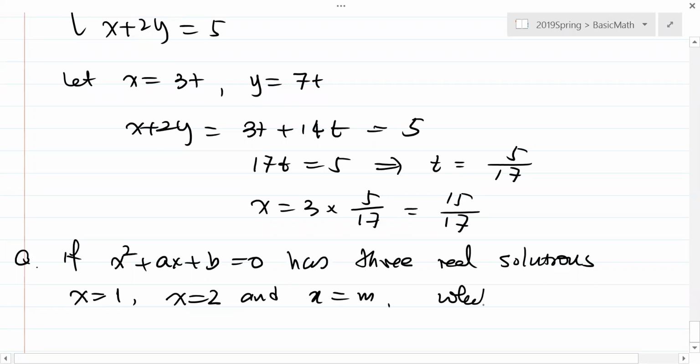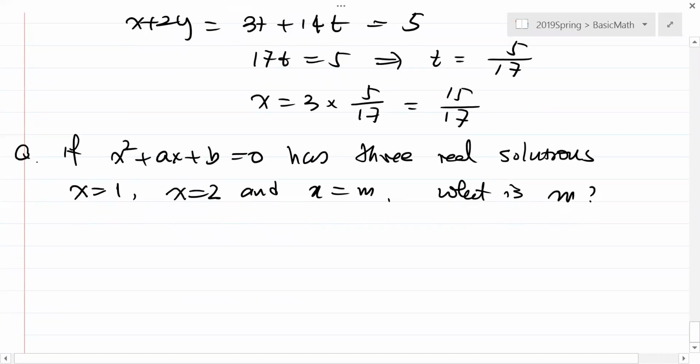So what is m? You think it's 3? 1, 2, 3, perfectly balanced? No, that's guessing. Come on.